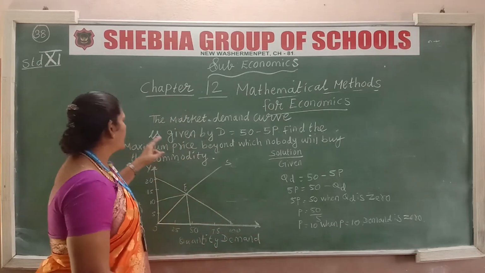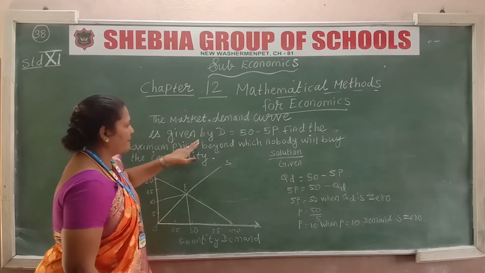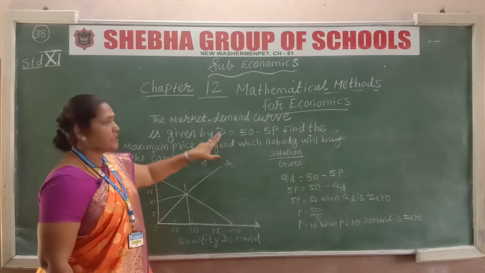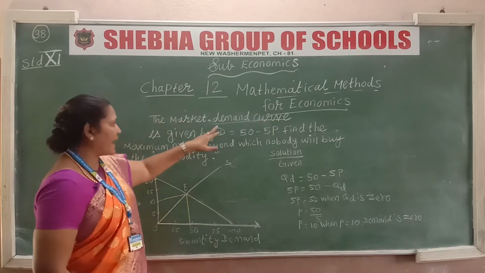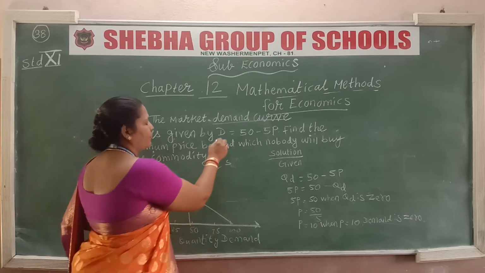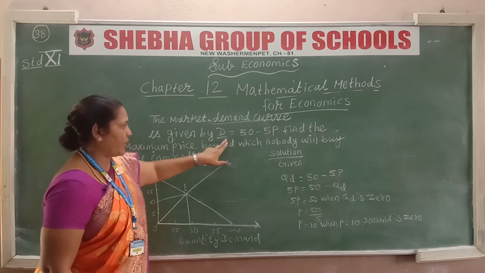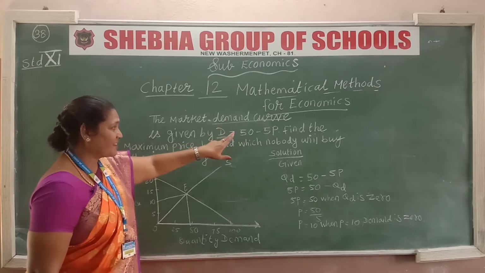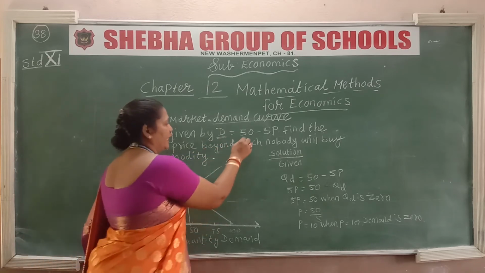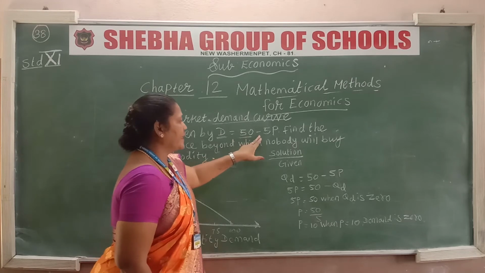So the market demand curve is given by D, the demand curve. D is equal to 50 minus 5p.